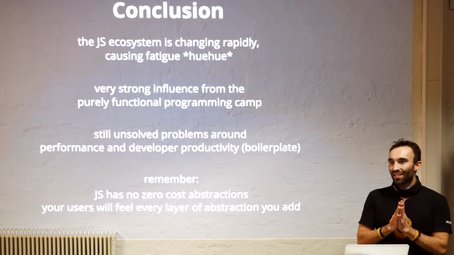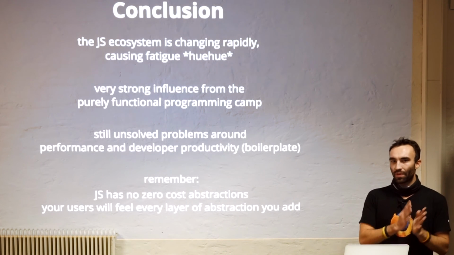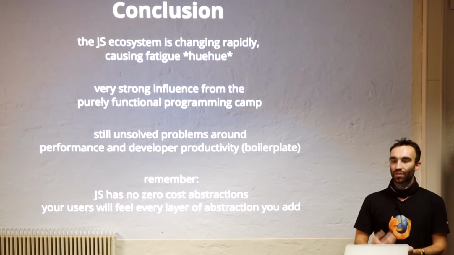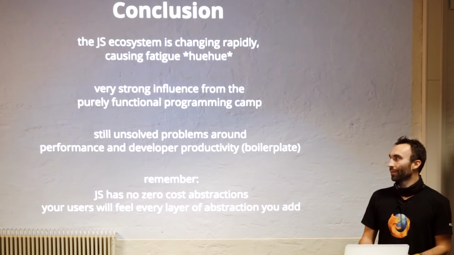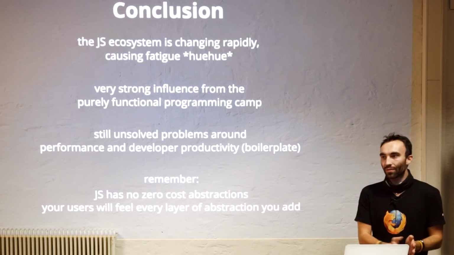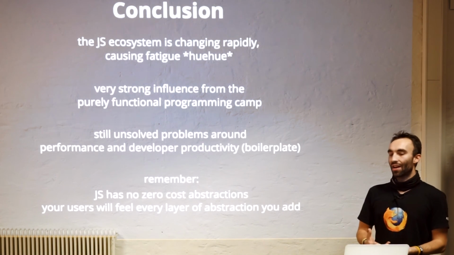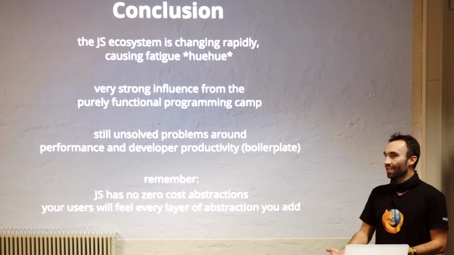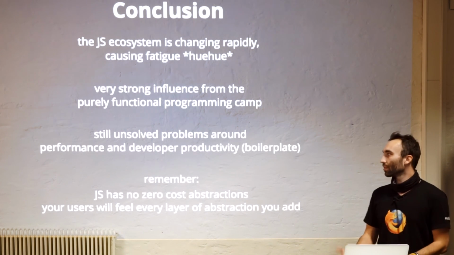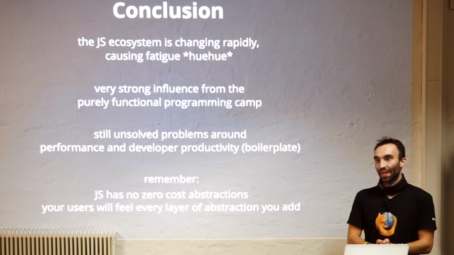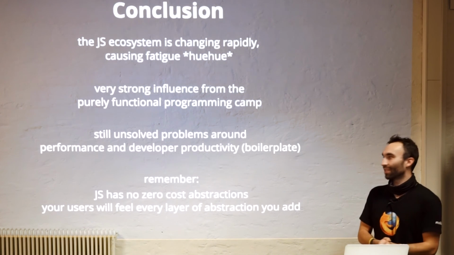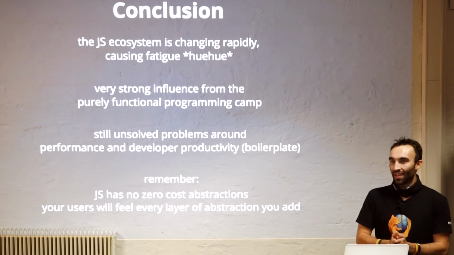But there's still unsolved problems, for example, with performance and also explaining those concepts to developers. For example, if I don't really get how you normalize your data, how you make it efficient to render afterwards, then I bet a lot of other developers will not get it as well.